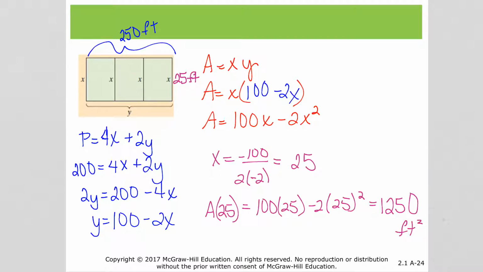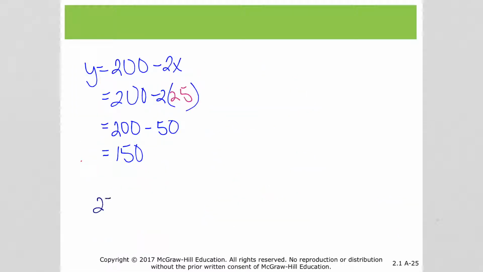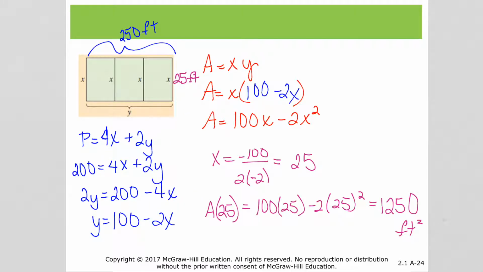Okay, again, determine the dimensions that should be used to maximize the area. So the dimensions are 250 feet by 25 feet. Okay, that's the dimensions for the total corral. But we've got little individual pieces here. And it says, find the area of each individual piece. Well, we can do that by taking our area, 1250, and dividing by 4.